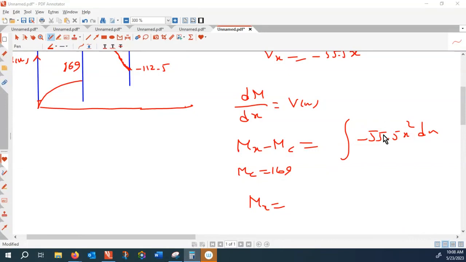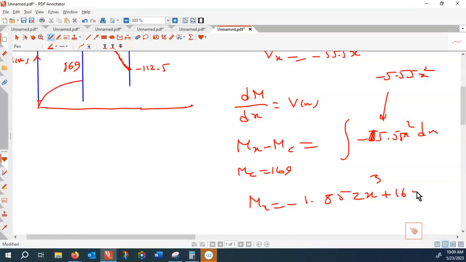So if I plug that here, my M of x is minus 5.55, and if I integrate that one more time, it is minus 1.852 x cubed plus 169.